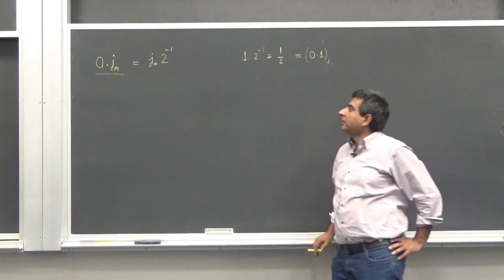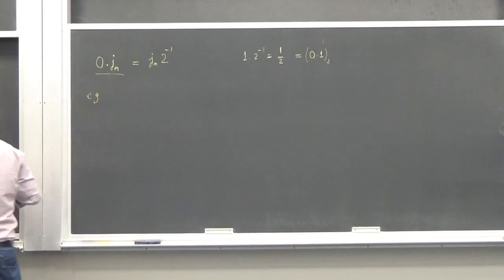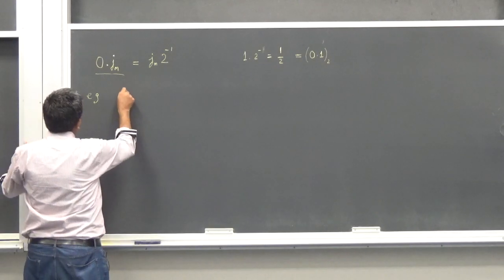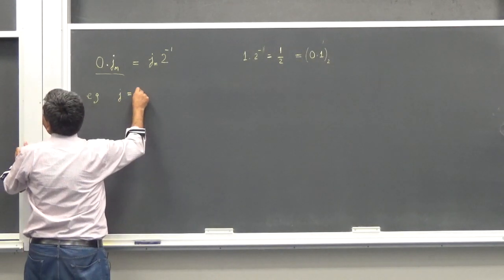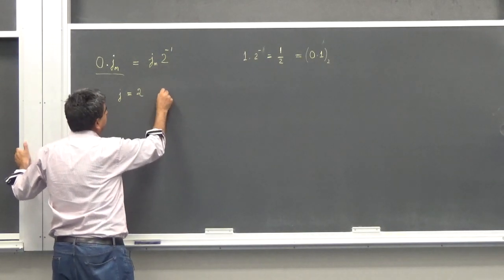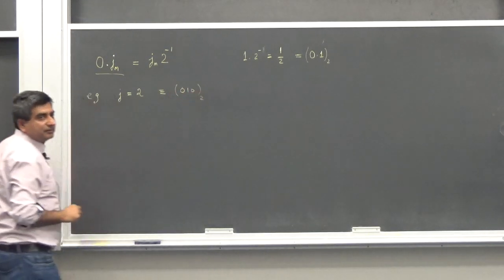So this is just a piece of notation that represents this thing. Alright? For example, in the example that I looked at, if I have j equals 2 in integer form, this really means 0, 1, 0 in binary form.